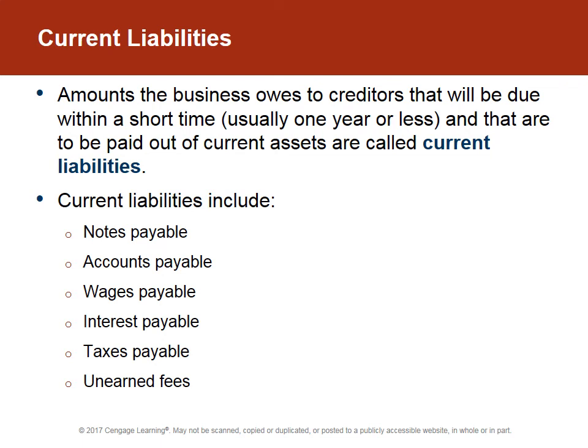Current liabilities are generally businesses' money that they owe to creditors. They're sometimes called short-term liabilities, and here's a long list that you can read through. Notice just about all of them have one word in them: payables. Unearned fees or unearned revenue is also one of those quirky liabilities.